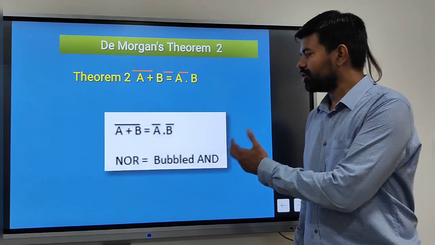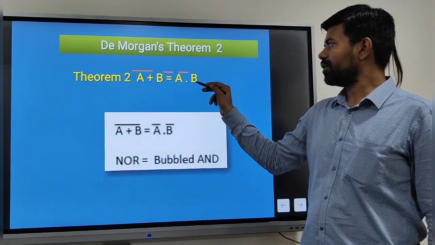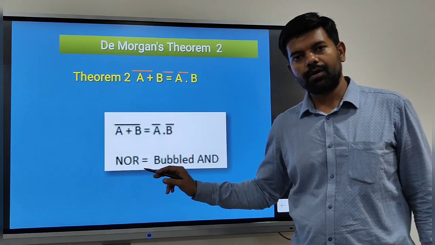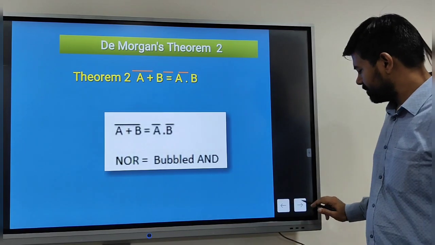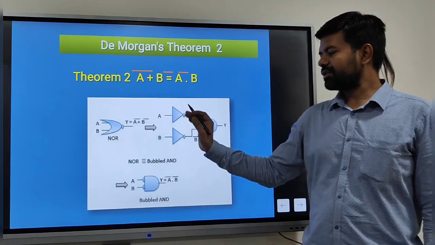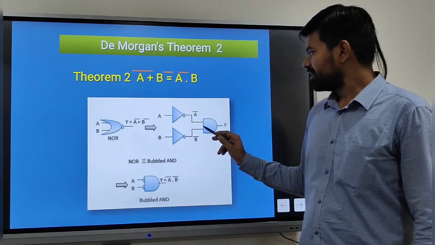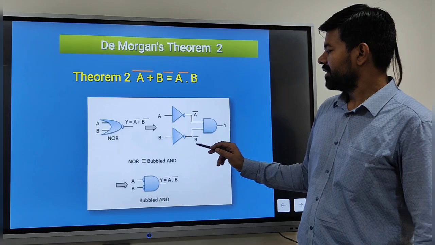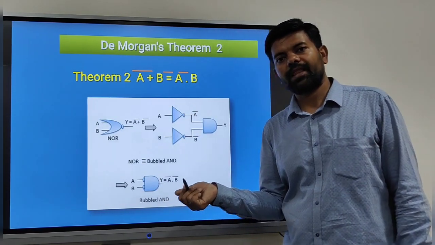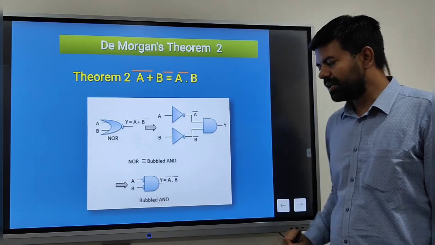Similarly, for theorem number 2, in which (A plus B) whole bar equals A bar dot B bar, NOR equals bubbled AND. This is how we can realize it through the circuit diagram. This is the basic NOR symbol and this is the bubbled AND gate. We put NOT in front of the inputs of the AND gate and we get this bubbled AND gate.